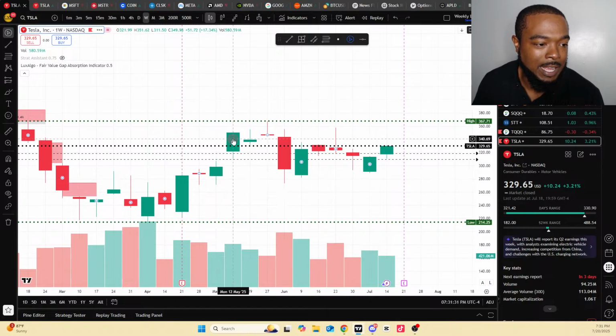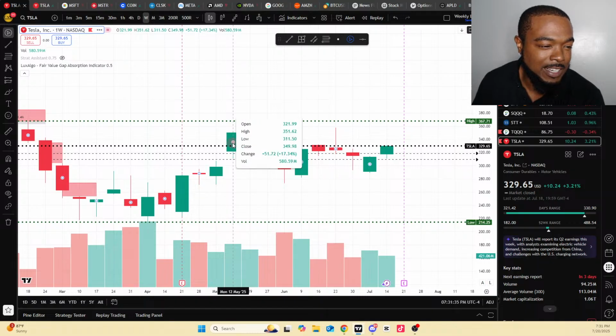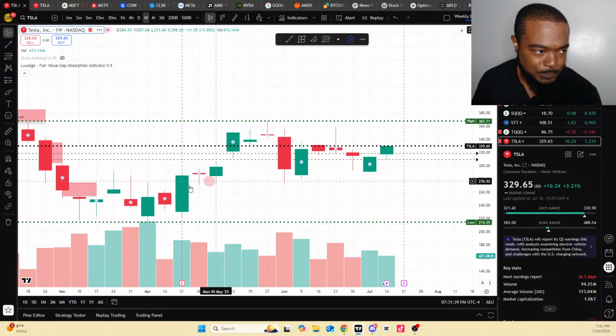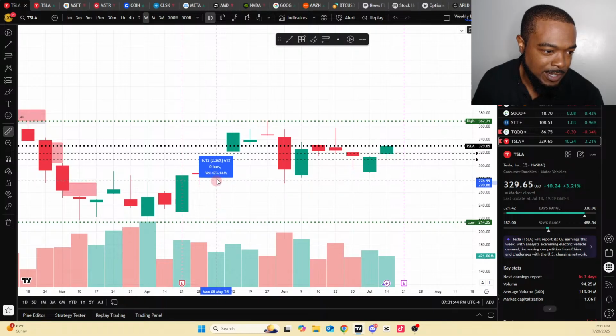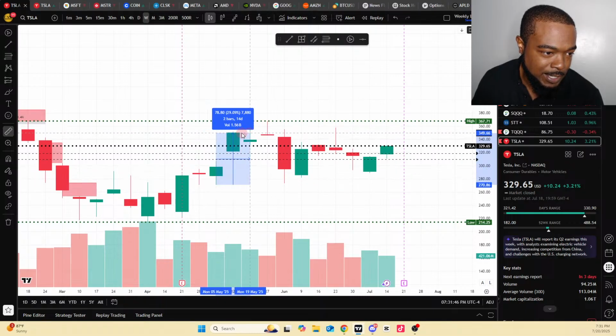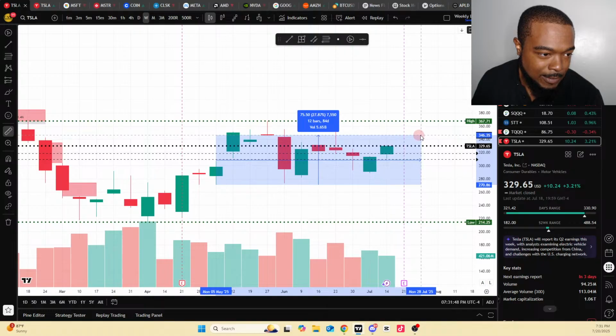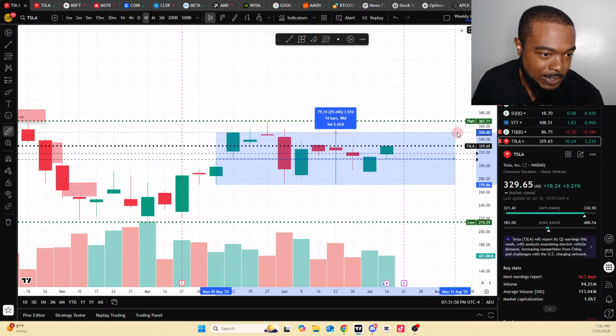And then when we had the breakout with the high of this day, the high of this day was 320. The highest day was 351.62. So now you could draw even a range there on the chart using the tools. One of the tools is this range tool. So we could draw that range tool and draw all the way across and see off of those two price levels.